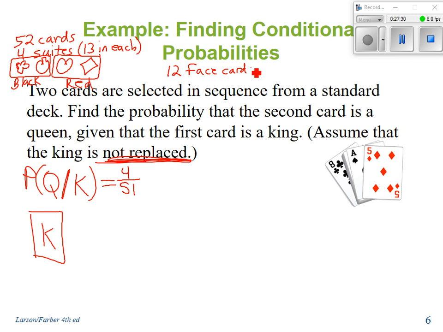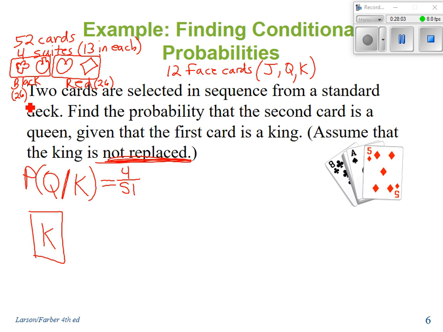Don't consider an ace a face card; it doesn't have a face on it. What are those face cards? Jack, queen, and king. How many red cards? 26. How many black cards? 26.